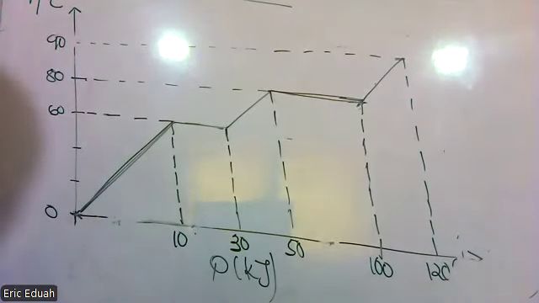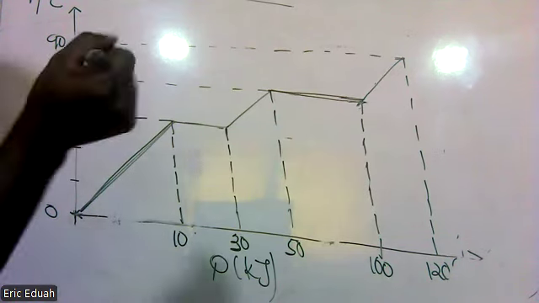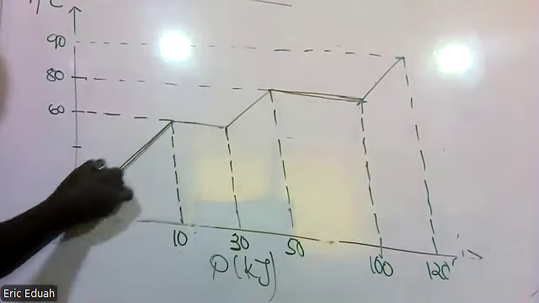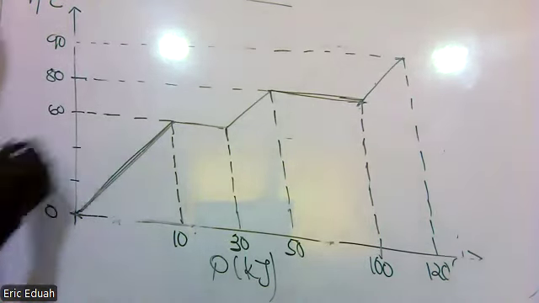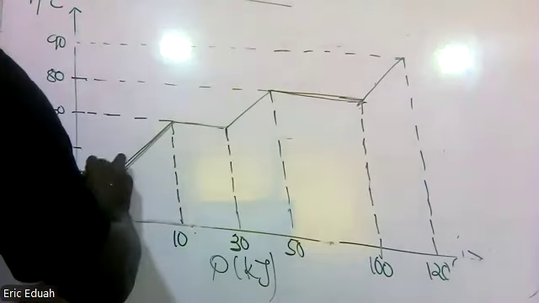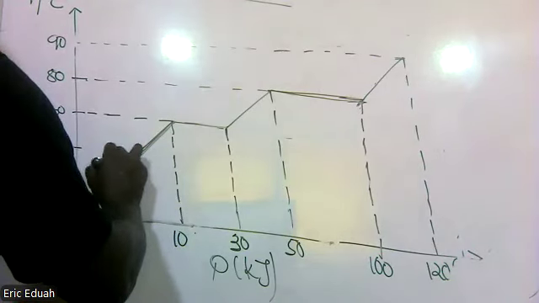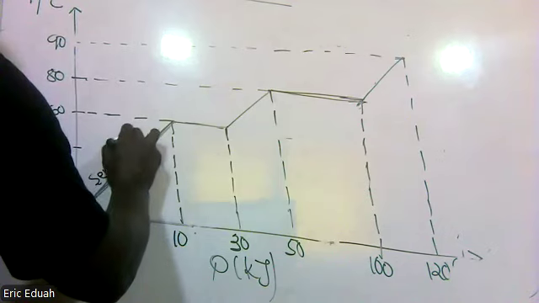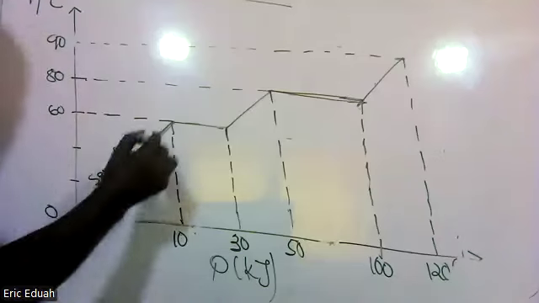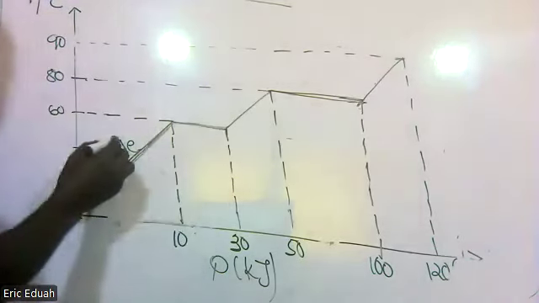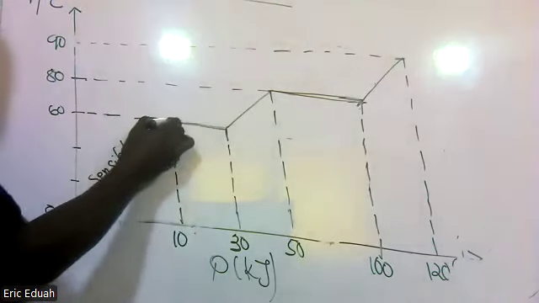Fusion is melting. But don't forget, over here, heat energy must be absorbed to change temperature from 0 to 60. So over here we have sensible heat. Here we have change of state occurring at 60.